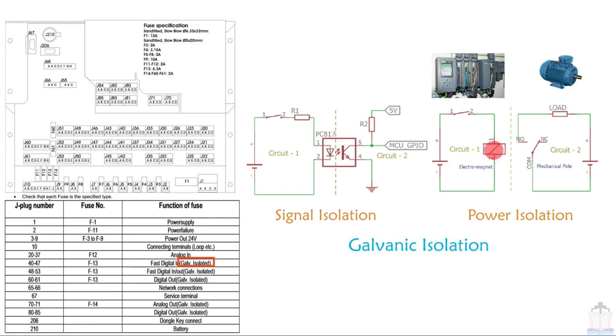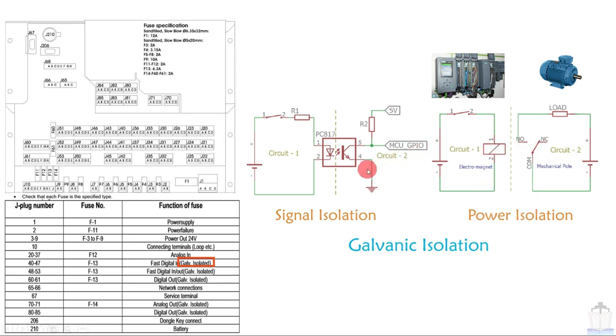This is a magnetic coil, and if I switch it on, then this magnetic coil will pull these contacts and hence the supply to the motor will be established. So we can see that there is no connection between these two systems, but they are influencing each other. This is called the power isolation.